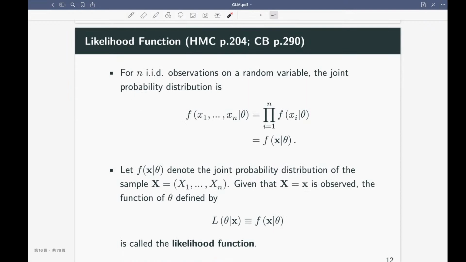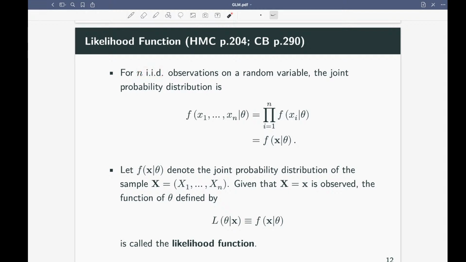Okay, so at first, we should know what the likelihood function is. For the likelihood function, we should have n IID observations. IID means independent identically distributed.